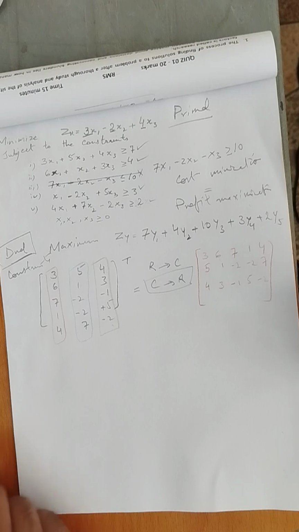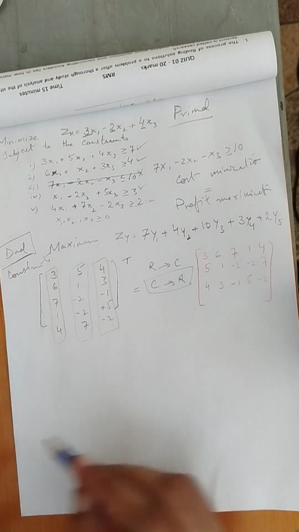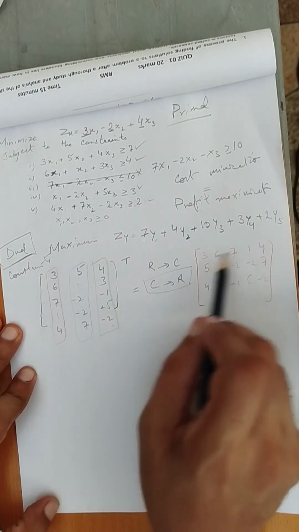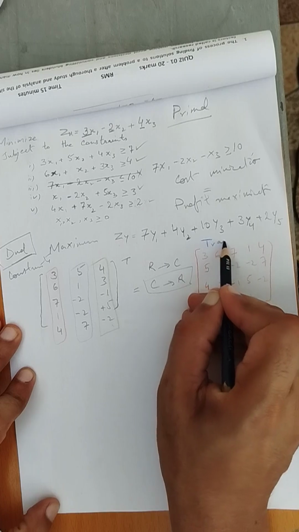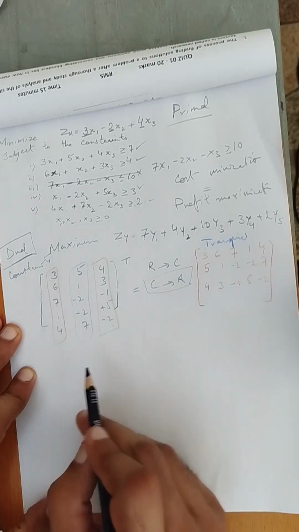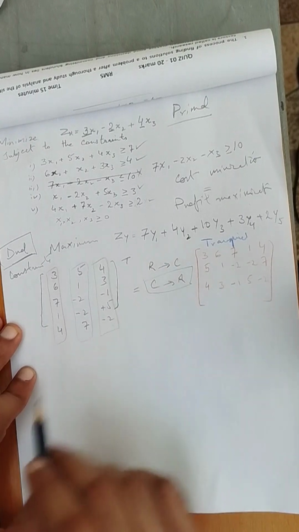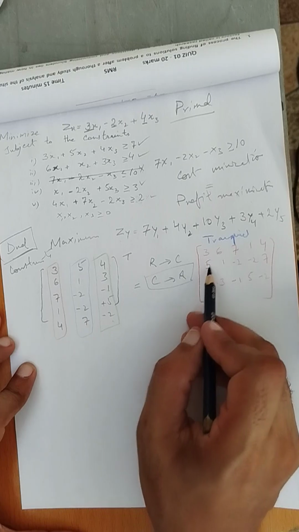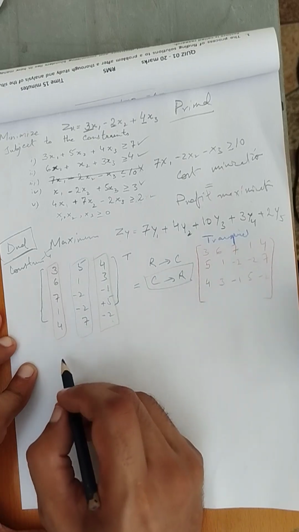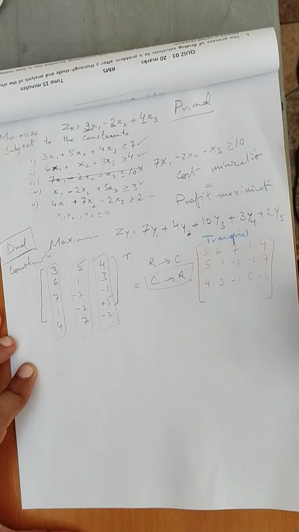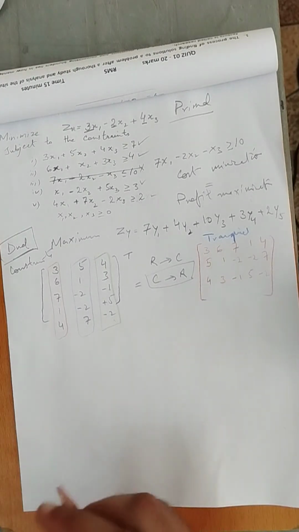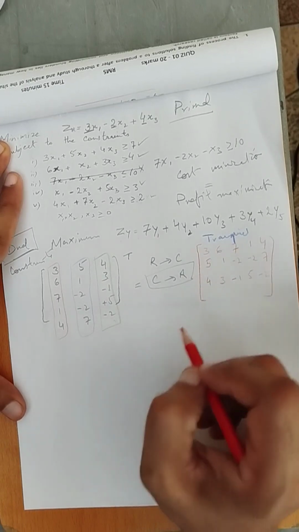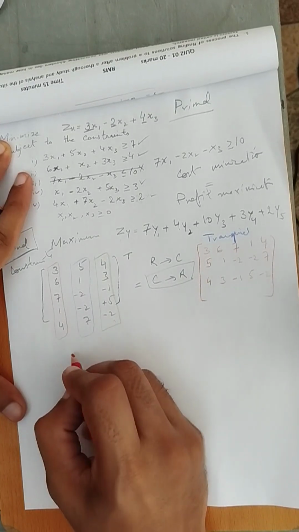Now let's move ahead. Since it is a transposed one, so in the transpose matrix we take these coefficients. Let's take these transpose matrix and make them a coefficient of the constraints.